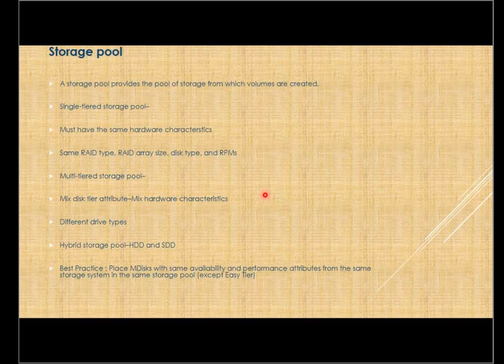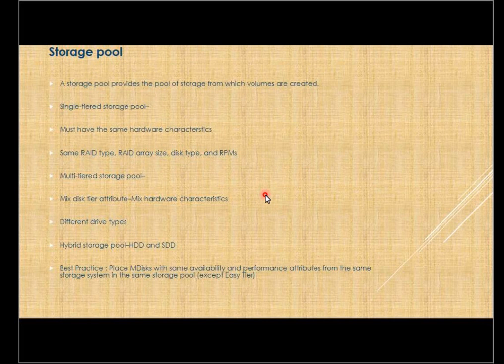So majorly you have two types of storage pools. You have a single tier storage pool, and you have a hybrid storage pool or multi-tier storage pool. This is the point that you need to understand, specifically for the people who are not from the storage background. In the case of a single tier storage pool, all the MDisks with which we create a storage pool should have the same RAID type, the same RAID array size, the same disk type, and the same rotational speed.